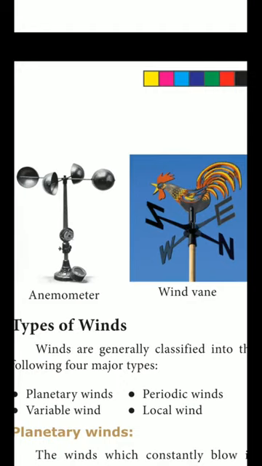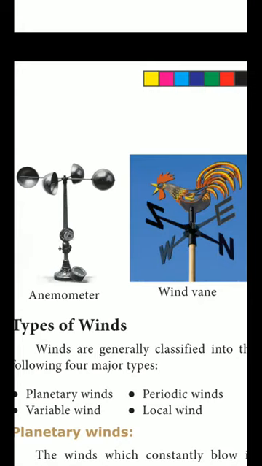What is this anemometer? It is the instrument used to measure the speed of the wind. Next one, the wind vane. It is used to measure the direction of the wind, in which direction the wind is blowing, north or south or east or west. Okay, next is the types of wind.